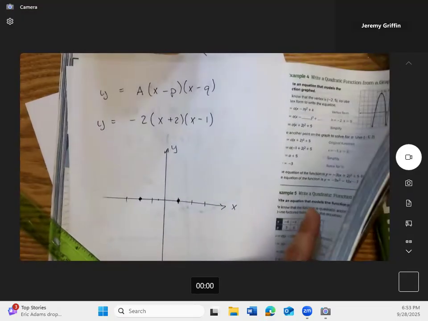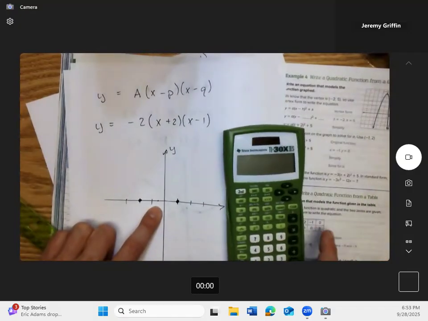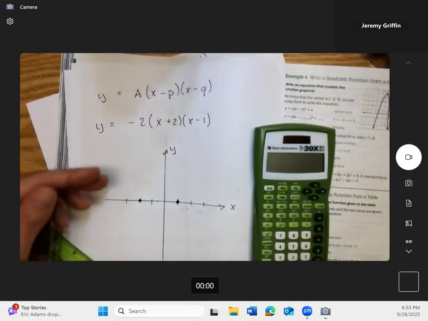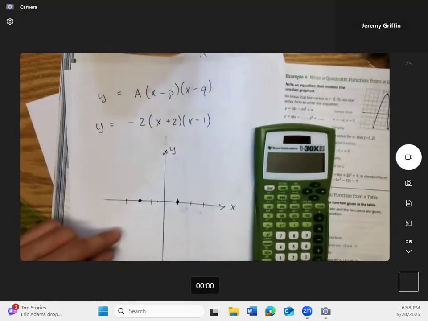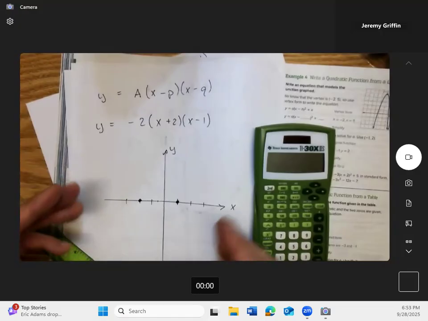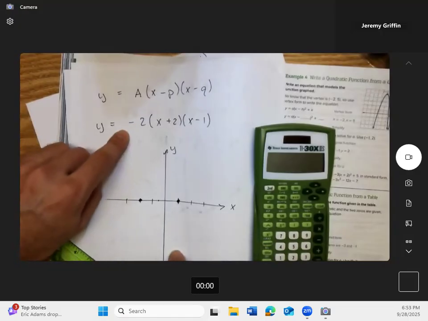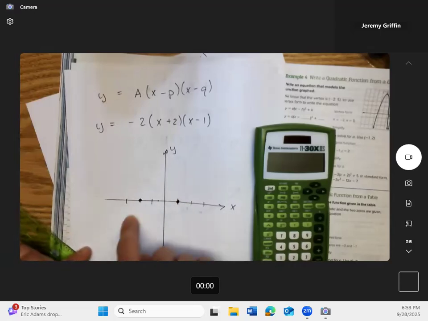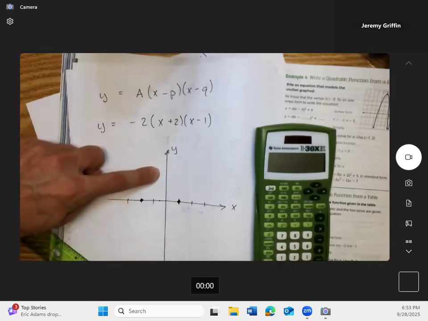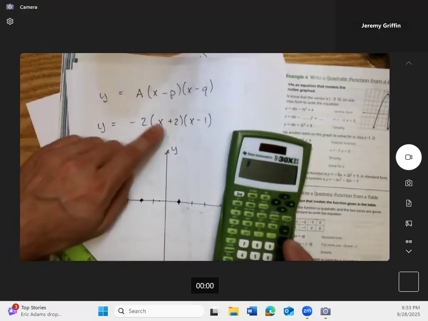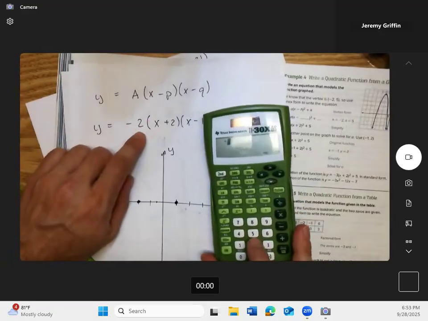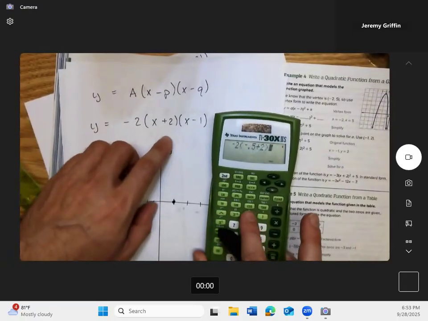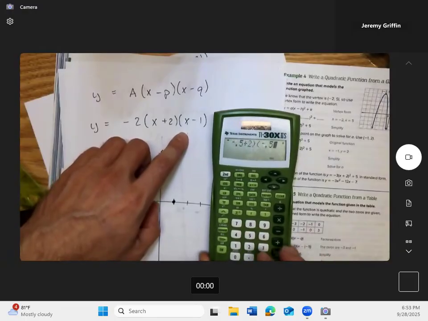Let me consult my calculator for this one. What if I plug in -1/2 to this expression? It should tell me exactly where the vertex is. I know enough already: do you see this -2 vertical stretch factor? That means the graph is going to be upside down, like an upside down parabola, which means the vertex has to be in positive territory. So let's do it. If I plug in -1/2 here, I get -2 times (-1/2 plus 2) times (-1/2 minus 1).